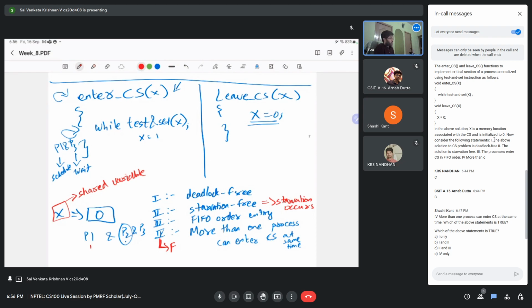So you need not worry about the third option, because in B and C the second option is there, but starvation might occur in my opinion, because it depends on the scheduler.